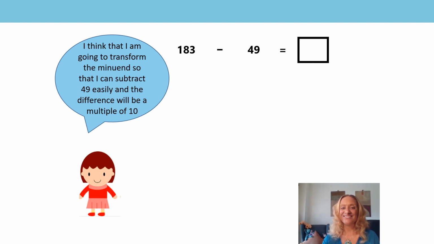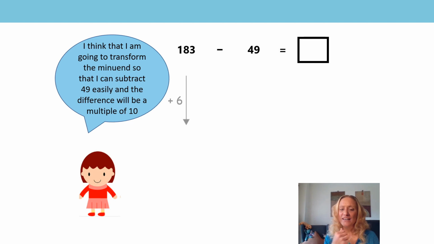How did you get on? What do you think Ellie did? So if she's going to transform the minuend so she can subtract 49 easily, how many ones would she need? She would need 9 ones in her minuend, wouldn't she? And how can she transform 183 so there are 9 ones in the minuend? She could add 6, fantastic.